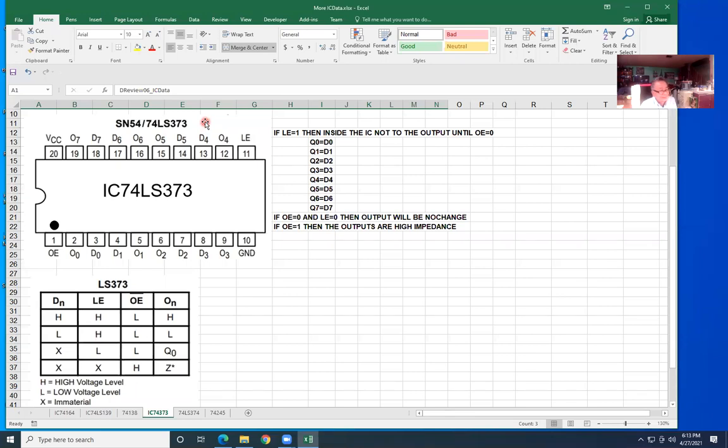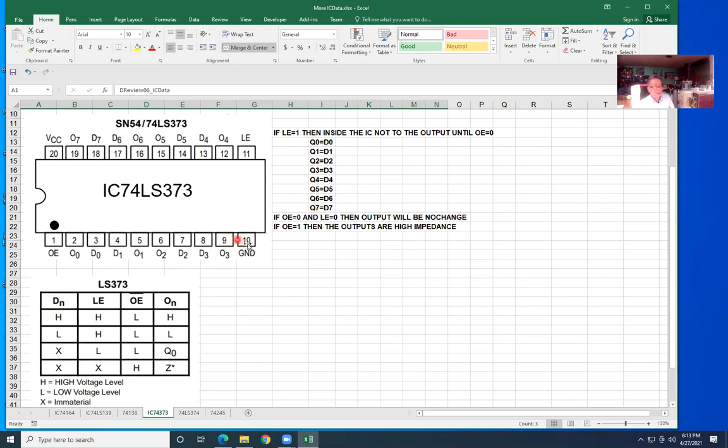Okay, and now what happens when LE is low and the output enable is also low? That means LE is low here, and this one is still enabled. What happened? No change. With LE low, any input at the data input here cannot go inside the IC.